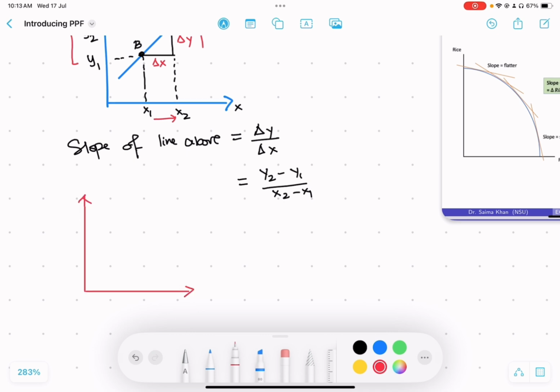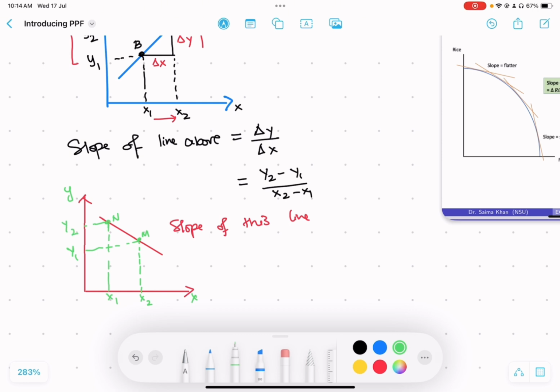If you had a graph such as this and wanted to find the slope of this line, how would you do it? Again, y-axis, x-axis. You always have to pick two points. Let's say this is M and this is N, and you're moving from N to M. This is x1, this is x2, this is y1, this is y2.